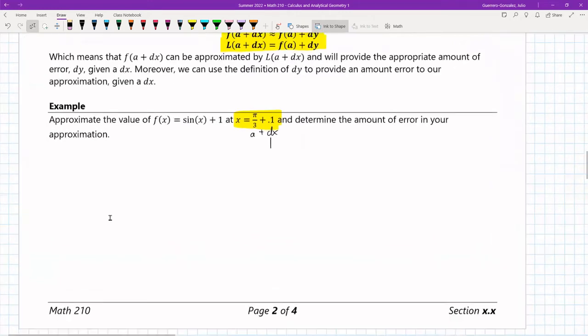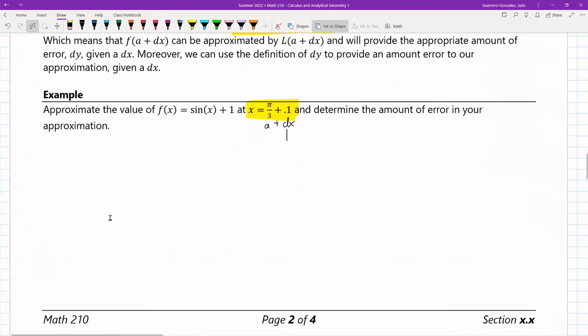So let me zoom in again. There we go. So the first thing I'm gonna do, I'm gonna write it down here. L of x, I'm gonna grab my linear approximation from up above. This we computed to be √3/2 plus 1 plus 1/2 times x minus pi over 3, right?